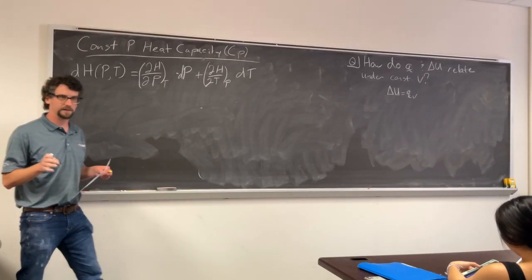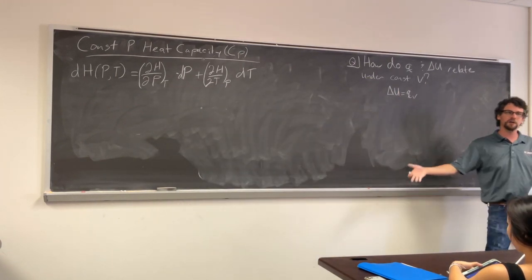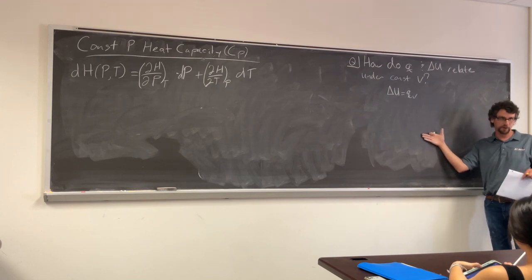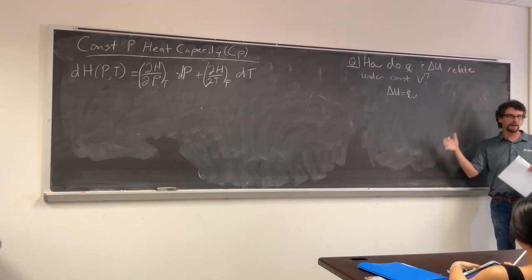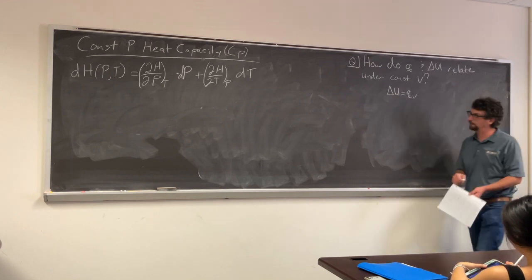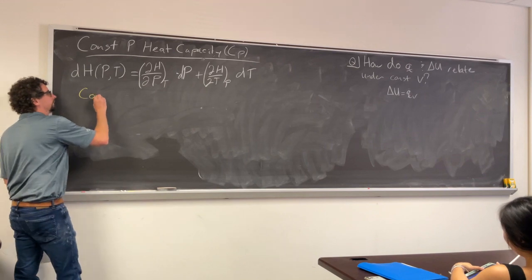Here we want to take a bit different of an approach. Last time we did some derivation. We got to a point where we hit our heads against the wall and we couldn't move any further, and we had to assume our constant volume conditions. Here, let's just get to the point. Under what conditions are we considering? Yeah.